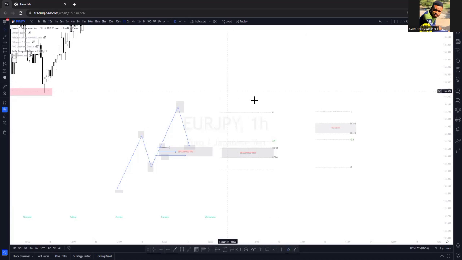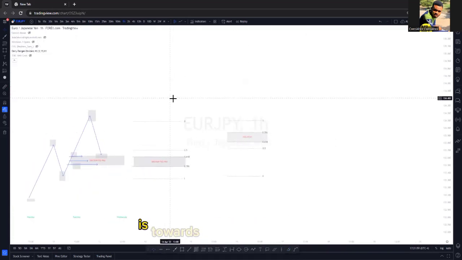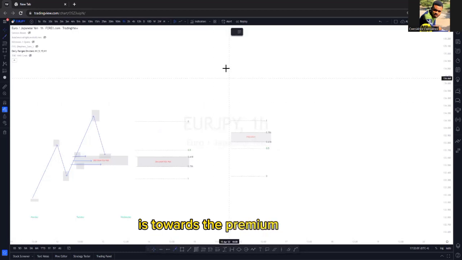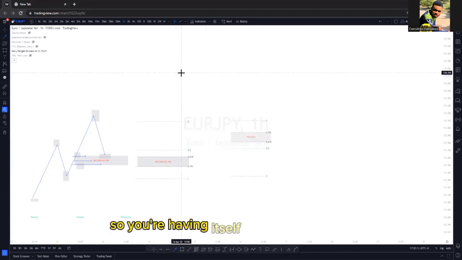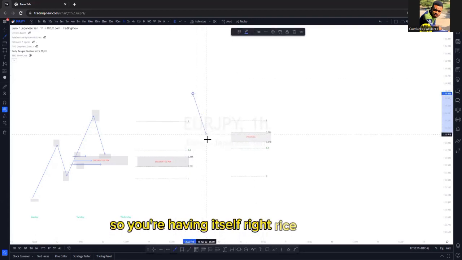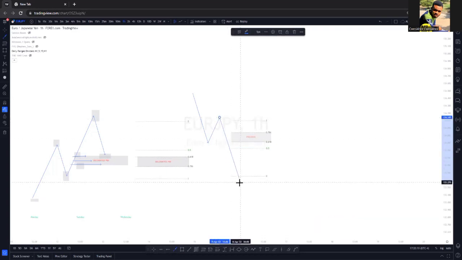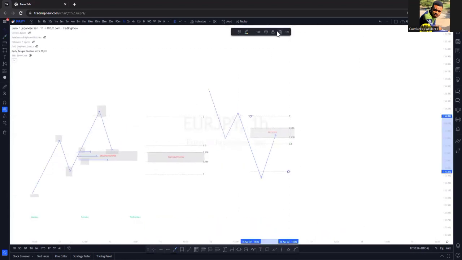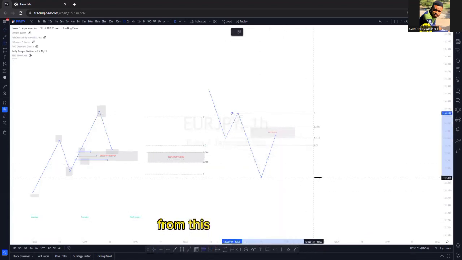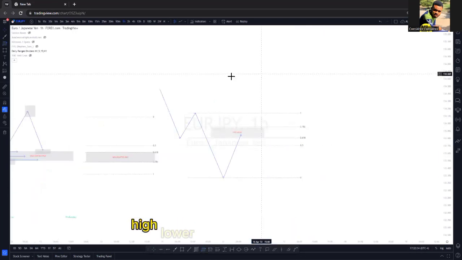All right. So the same thing happens in the premium market. Let's say you're having a sell, price is selling. What you do is use your Fibonacci from this previous lower high to your lower low.